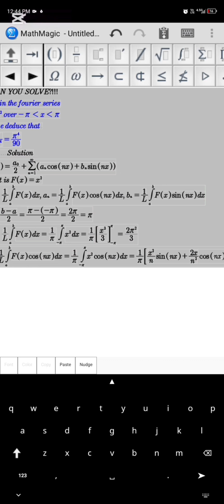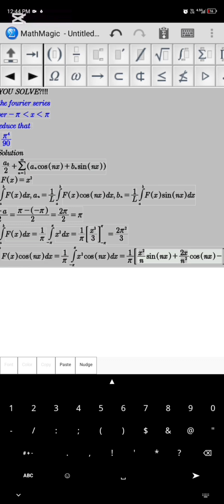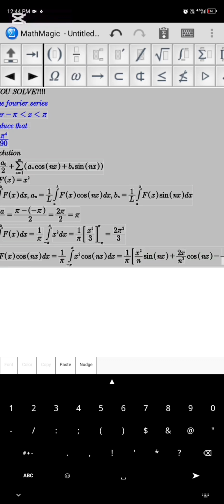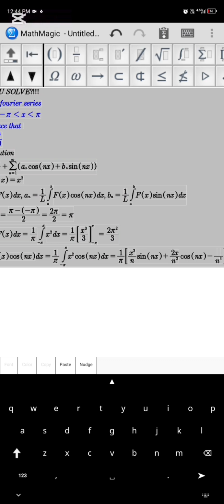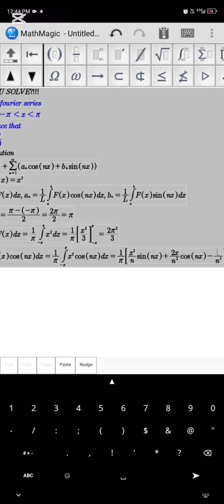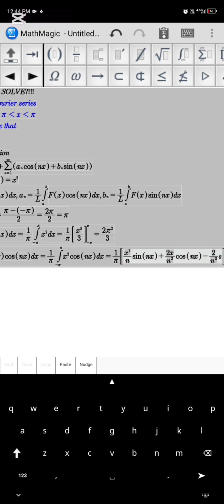Then minus 2 over n raised to the power of 3, multiplied by sine nx.